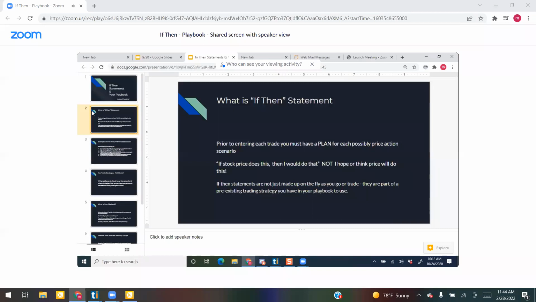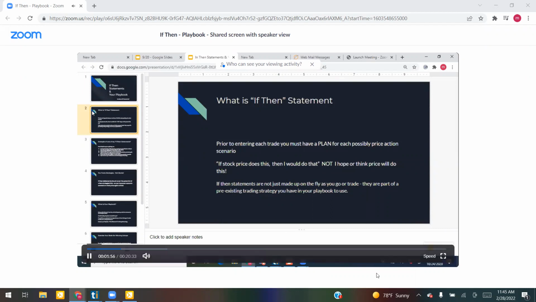For each trade, or prior to entering each trade, you must have a plan for each possible price action scenario. Often, folks will go into a trade without any plan at all, or their plan might be, well, I see resistance $1 away, so my target is $1 away, and I'm going to stay in this trade no matter what until $1.